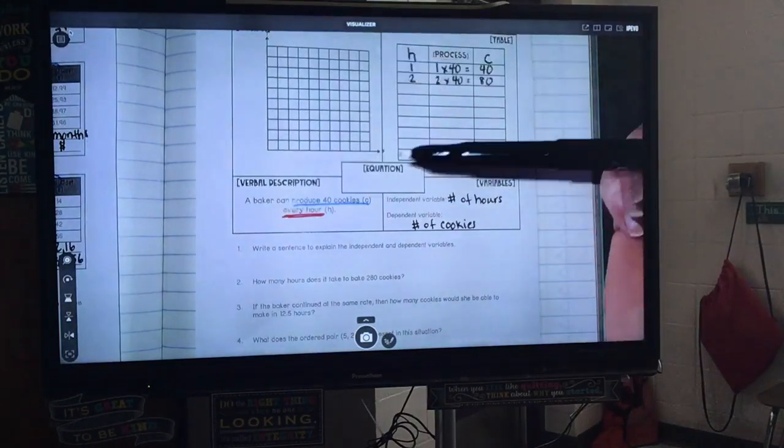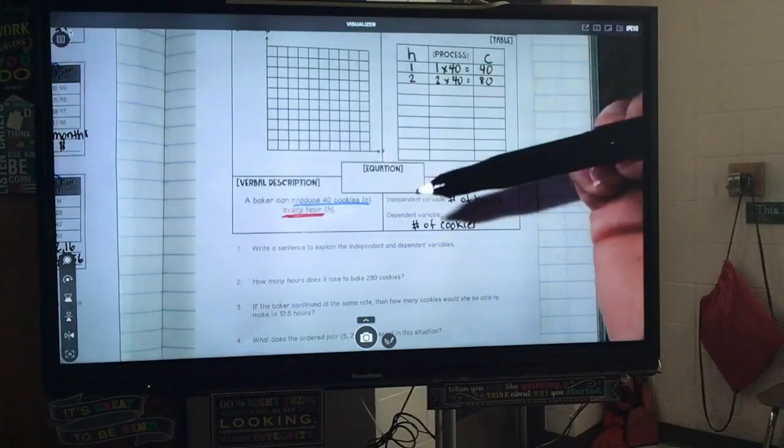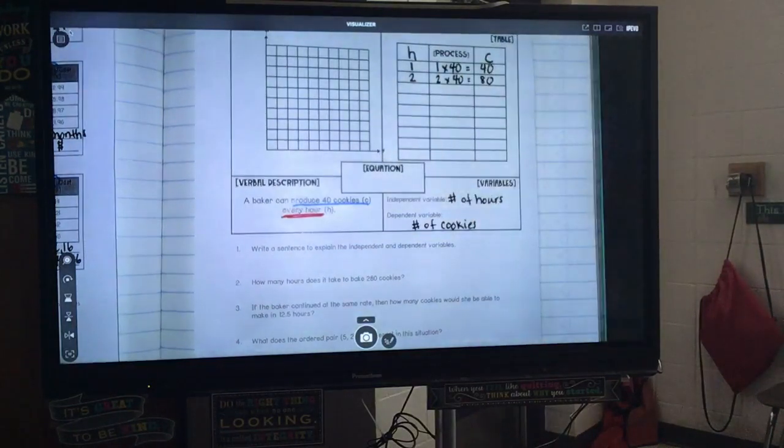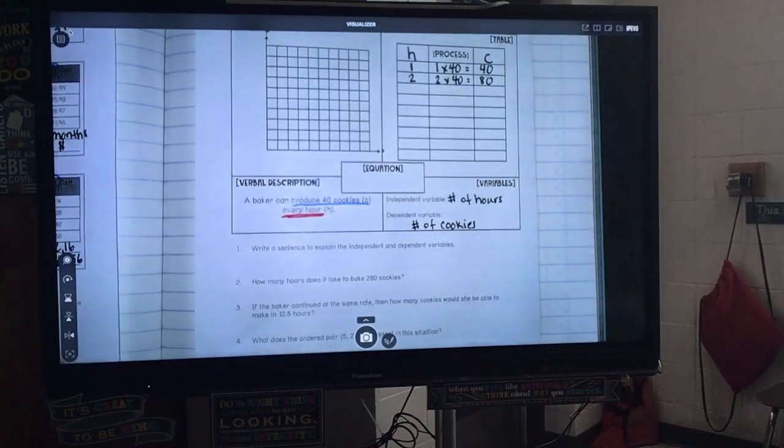So what do we know about our X and our Y? What do we know about the X? What do we know about the Y? Y is the up coordinate, the higher coordinate. Okay, but what do we know about independent and dependent variables with X and Y? If you don't know, look at your notes. That's why they're still there. William, what do we know? The independent variable is the x coordinate.